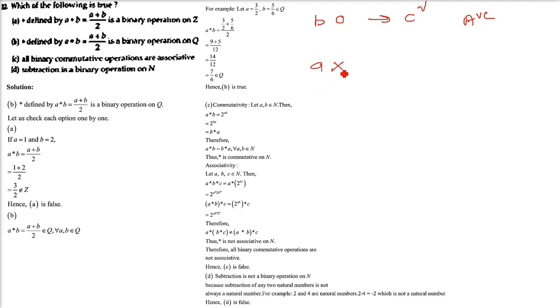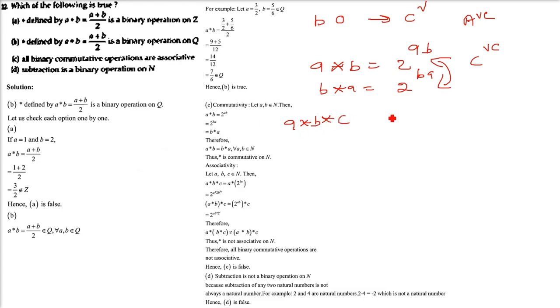So we'll take a binary operation and we'll just call it 2 raise AB. Now 2 raise AB, B star A is what? A star B, B star A, if they are equal, that means it is commutative. So A star B is 2 raise AB, B star A is 2 raise BA. They are similar because A into B is B into A. So this is commutative. But if it is commutative, whether it is associative or not, that we have to see.